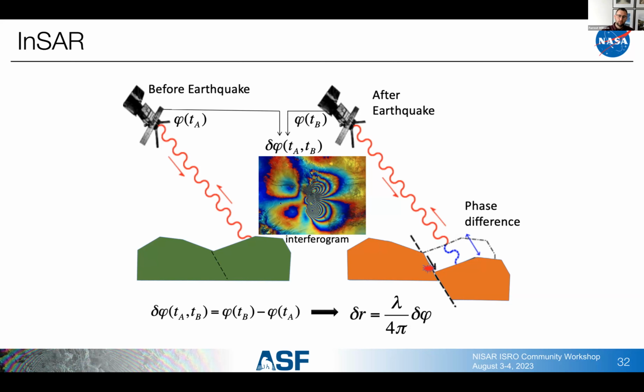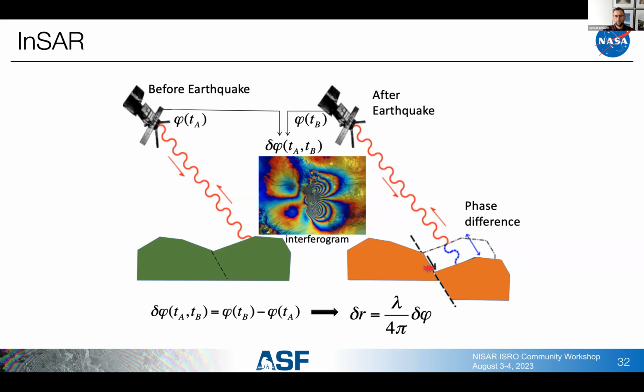And for those of you a little less familiar with looking at interferograms, they may look a bit strange. But the important thing to remember here is that because we're measuring phase differences, our phase differences are always going to be somewhere between negative pi and pi, or basically in one cycle. Unfortunately, many deformation patterns are more than one cycle.